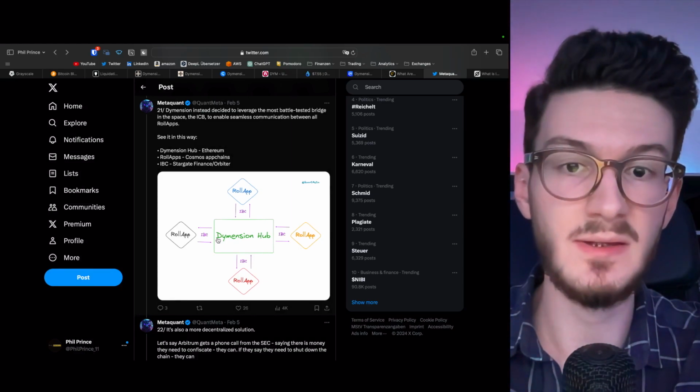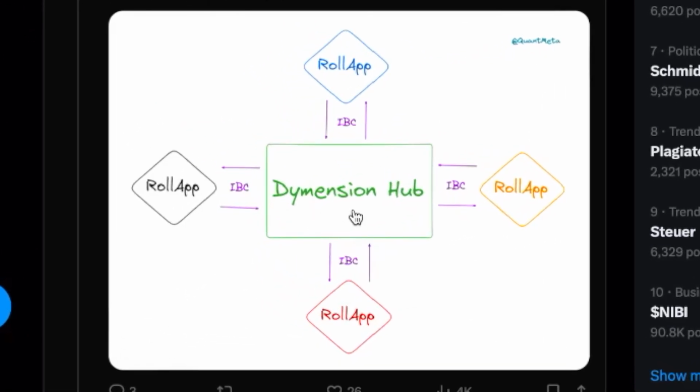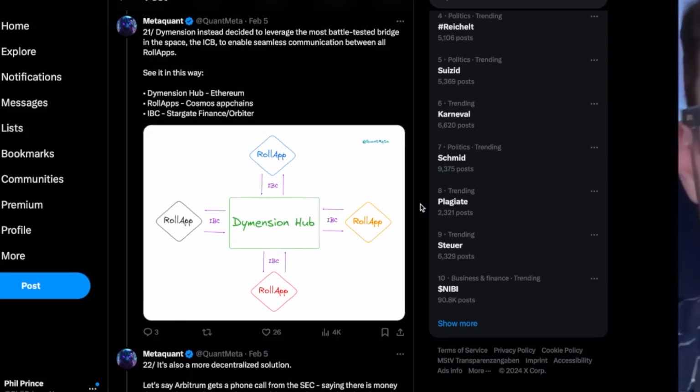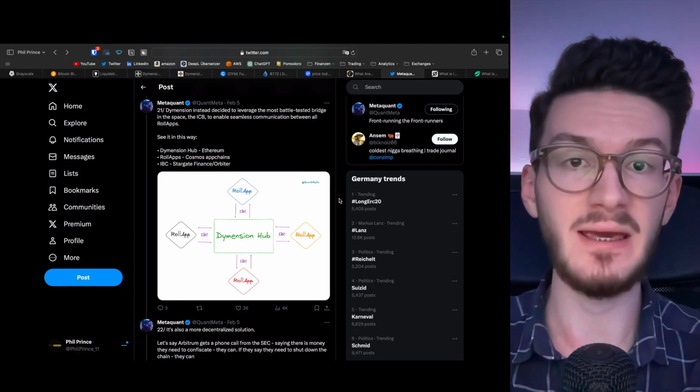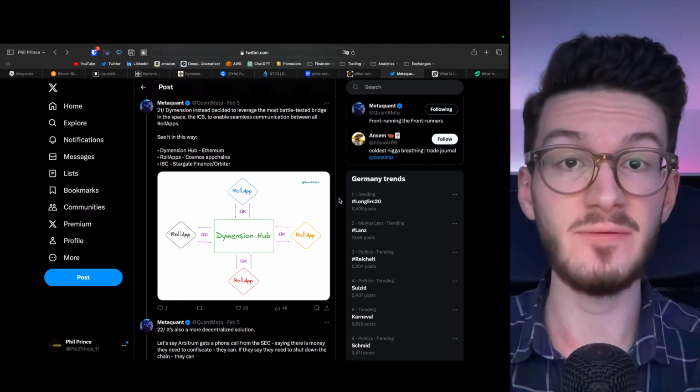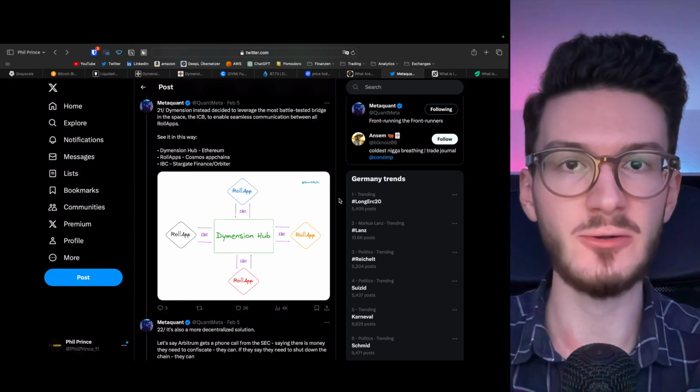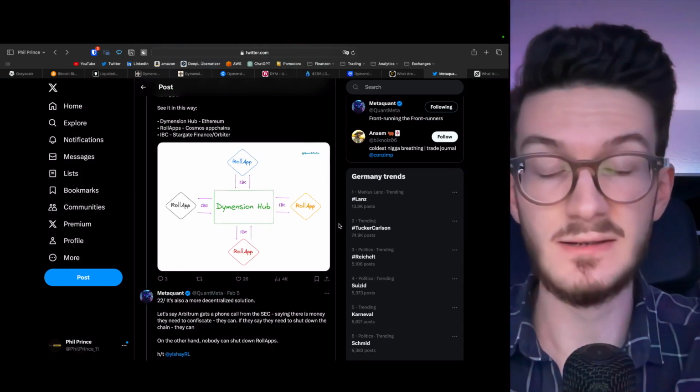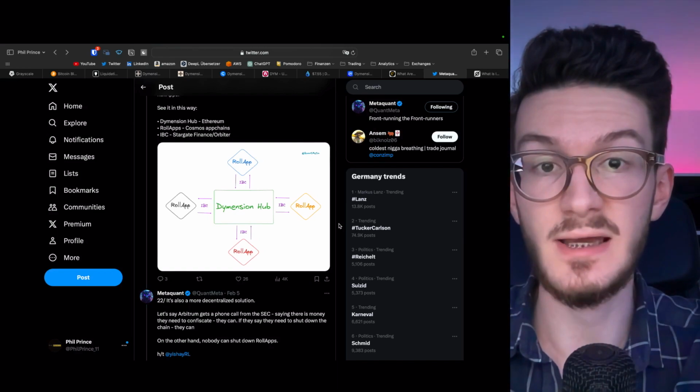In this concept, the Dymension hub acts as layer 1 and every rollup is connected to this hub with the IBC and therefore is indirectly connected to each other. To make it really clear, let me emphasize that this means that every rollup has its own layer 2 blockchain. It's easy, it's fast, it's decentral, and it's great for users as well as developers.